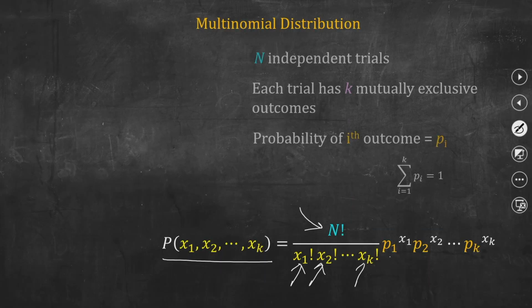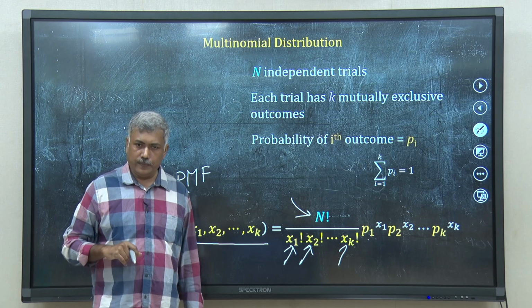So this is the PMF of multinomial distribution, probability mass function of multinomial distribution.